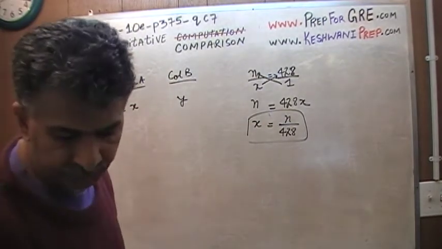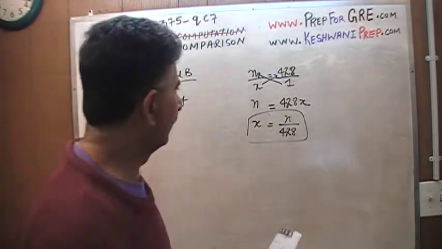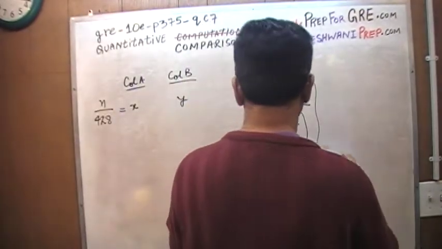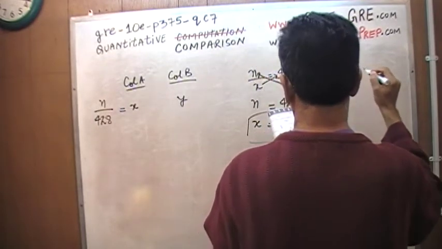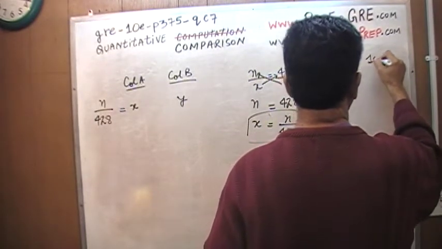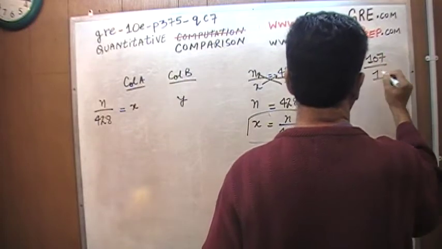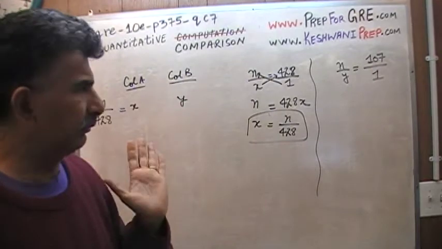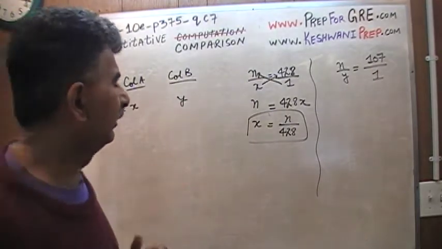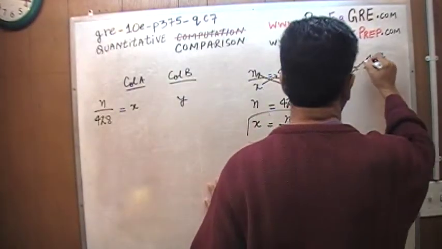And we're going to do the exact same operation for the other one. So n over y equals 107. Let's put this over 1. And of course the steps that I'm showing you here, for most people it's not necessary. I'm just doing it just in case. So again, cross multiply here.